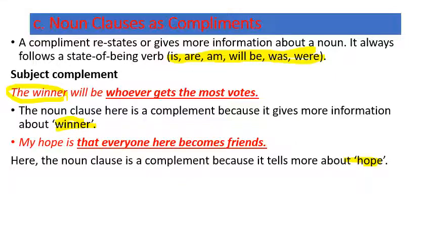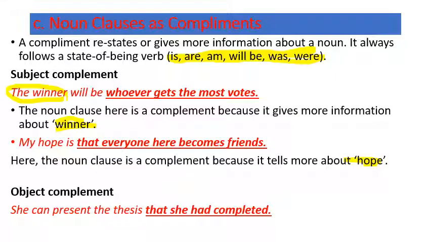Let's look at the other type of complement. It is called object complement. Let's see: she can present the thesis that she had completed. Fine. What is the object? The thesis in this sentence. That she had completed explains or elaborates or gives me more detail about her thesis.